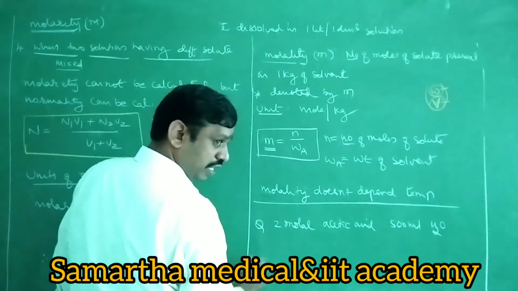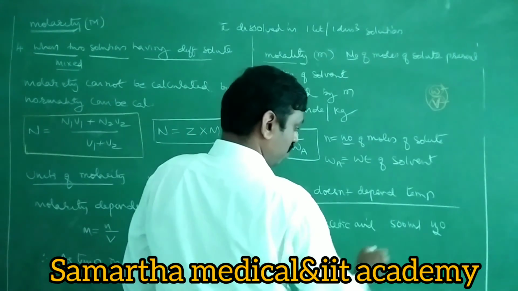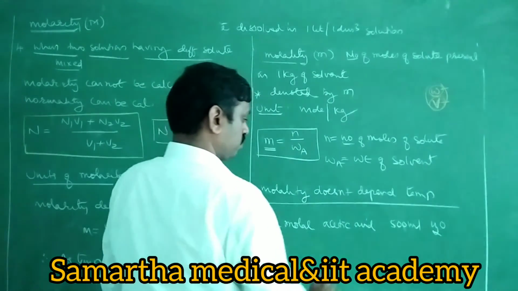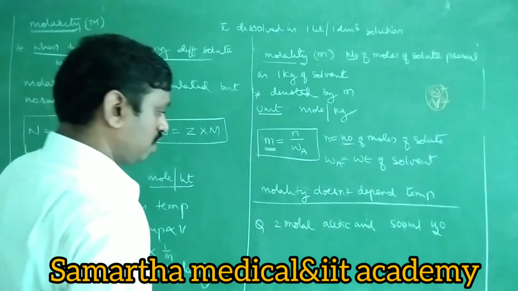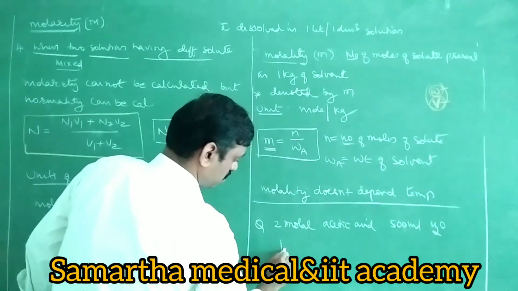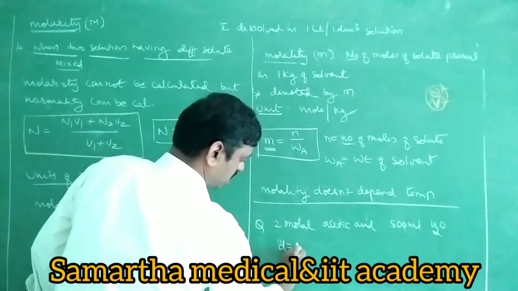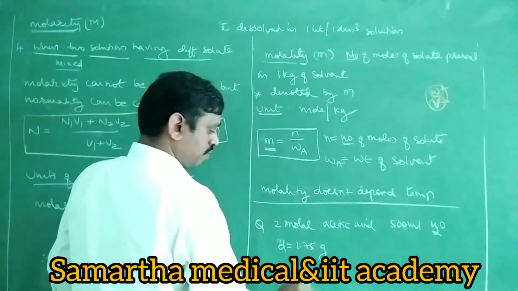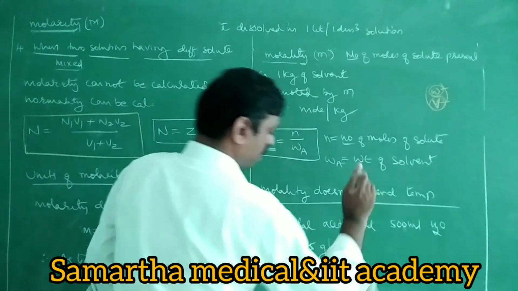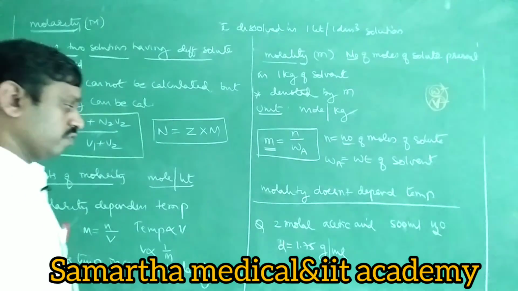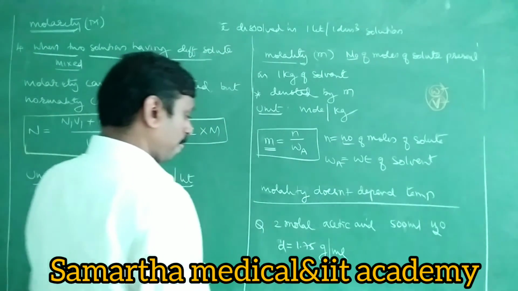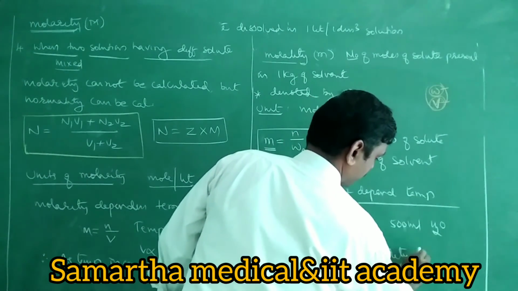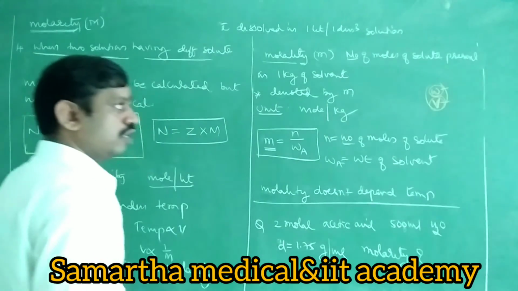And the density of acetic acid is 1.75 gram per ml. Calculate the molarity.